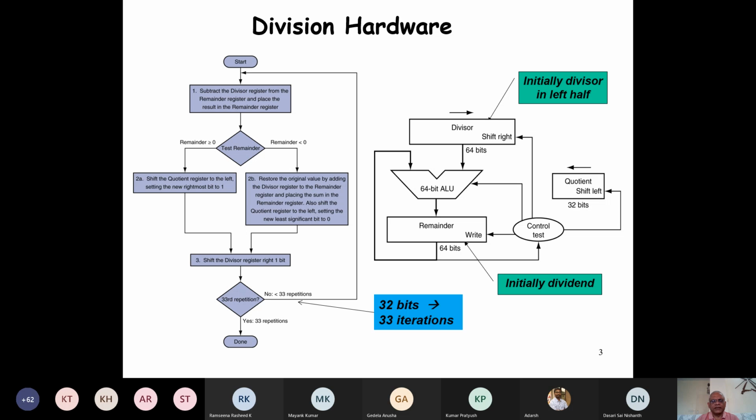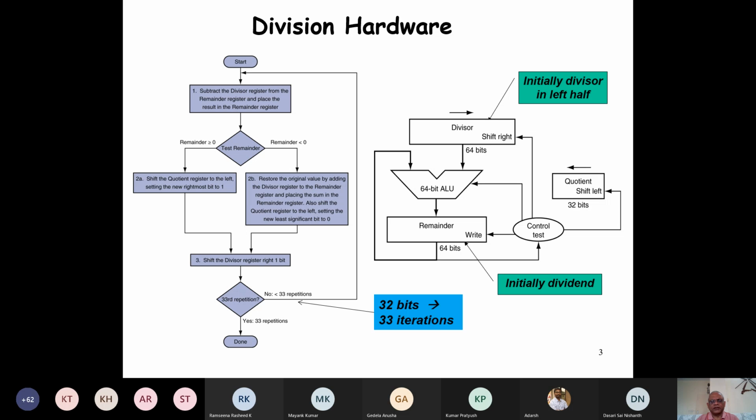And once we find that it is negative, we check here in this diamond, we test the remainder. If the remainder is less than 0, then we restore the original value of the dividend by adding the divisor back.